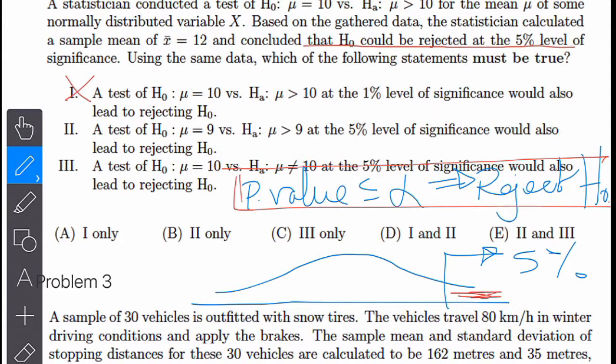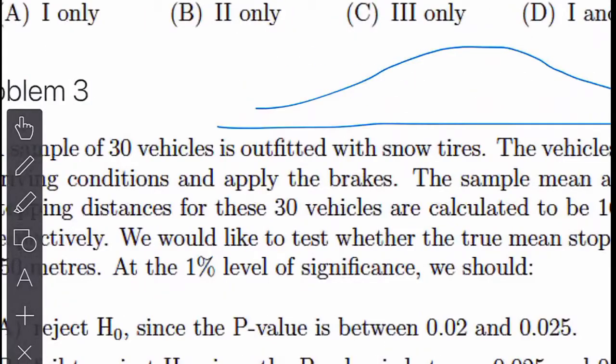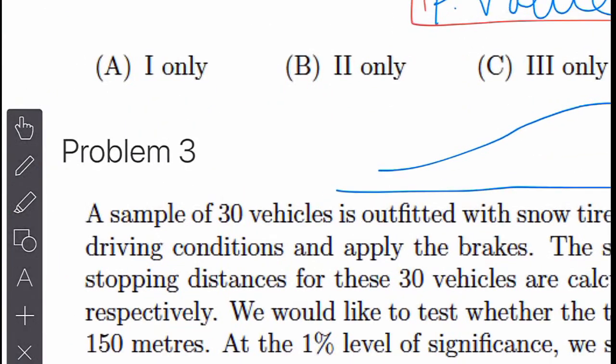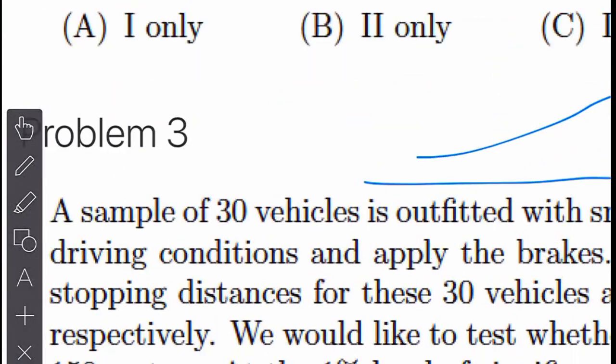Does that necessarily mean that if the test was changed to a two-sided test, you would still be in the reject region? So now let's draw it as a two-sided test. When I make a two-sided test at 5%, I didn't change the level of significance.